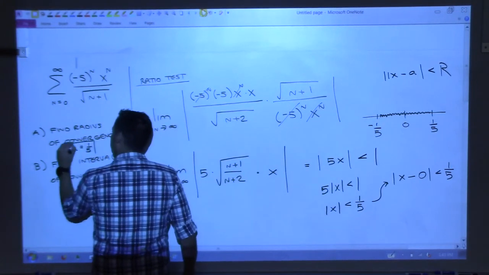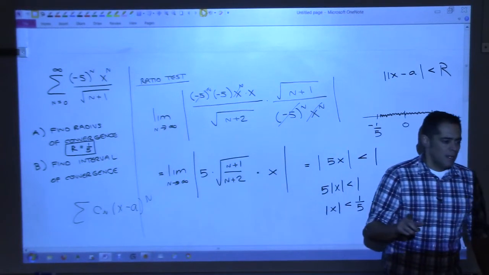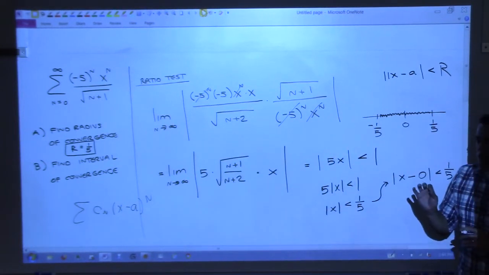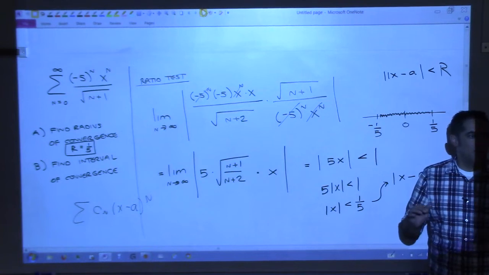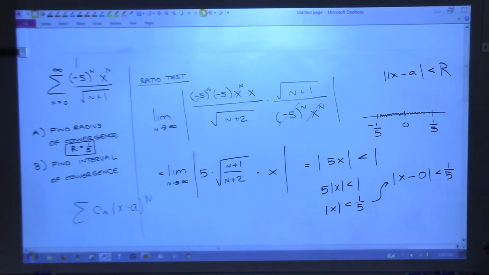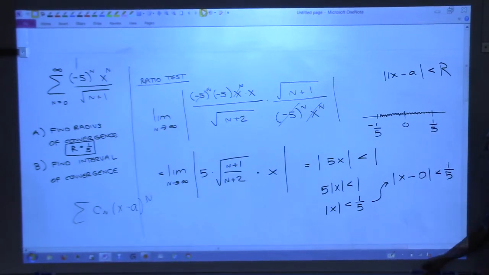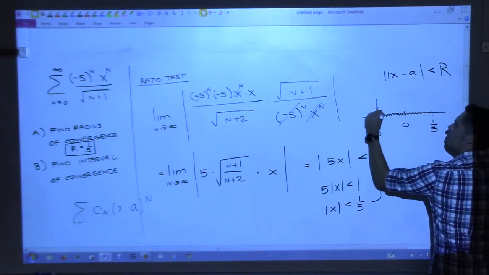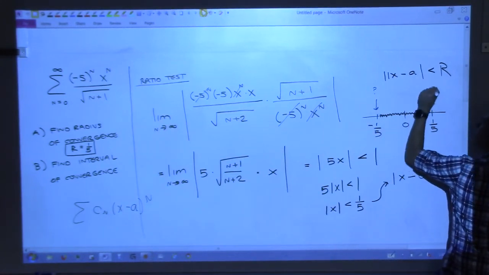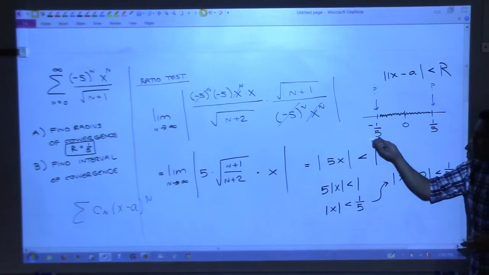That's our answer. The interval of convergence is just asking for a little more information, but it requires a lot more work. To find the interval of convergence, I'm not asking how far out each way I go. I'm really asking, do I include those endpoints or not? Are we including 1/5? Are we including negative 1/5?